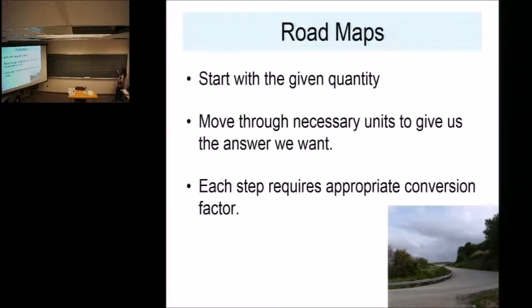Well, maybe in this one, I know how many seconds there are in an hour, so maybe I don't need to do that. Maybe I could go directly from hours to seconds because I know that conversion factor. I could do that. So are any one of these particularly wrong? No. Could I use any one of these? Yes.